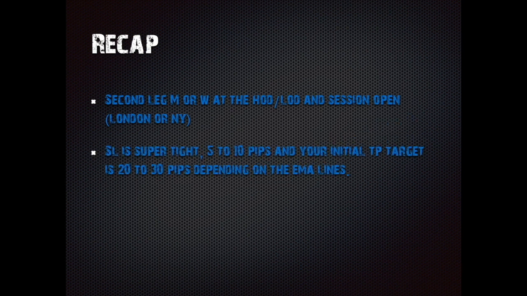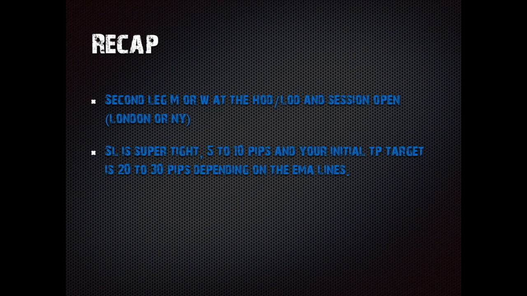Your stop loss is going to be super tight, 5 to 10 pips, and your initial take profit is 20 to 30 pips. And that's, again, depending on where the EMA lines are. If they are stacked together, like we saw in the previous example, you're just going to go with 20 to 30 pips. And what you can do is once you're up, let's say, 30 pips, bring your stop loss down to 20 pips.